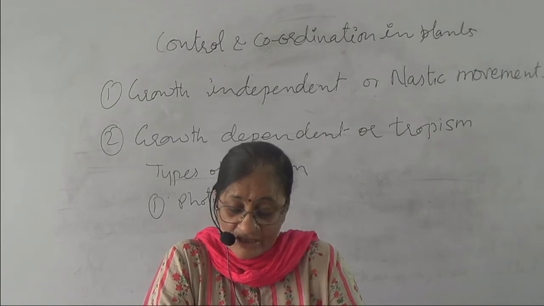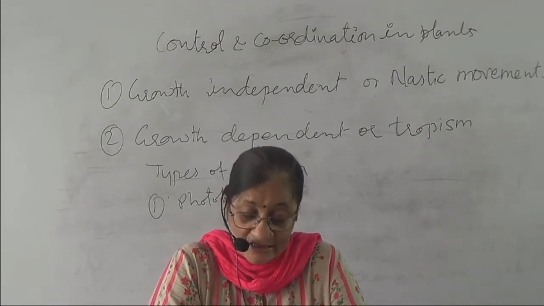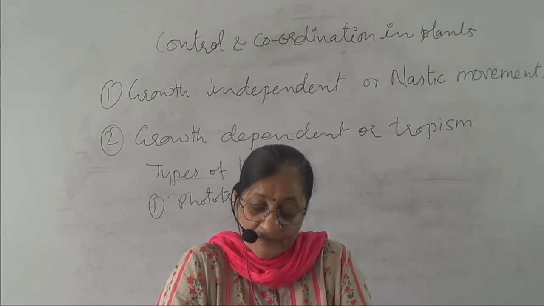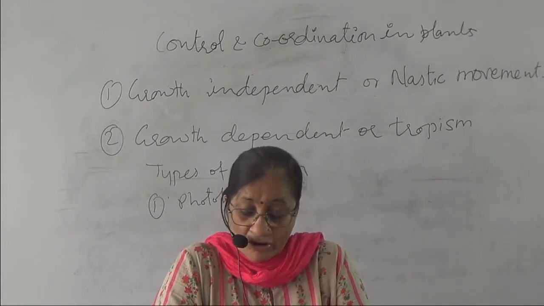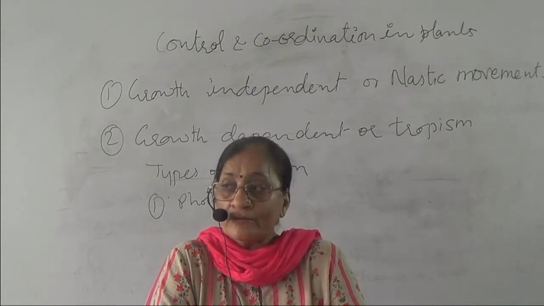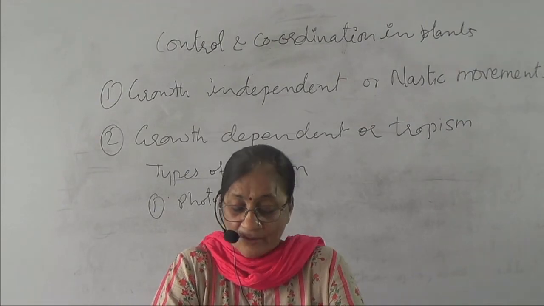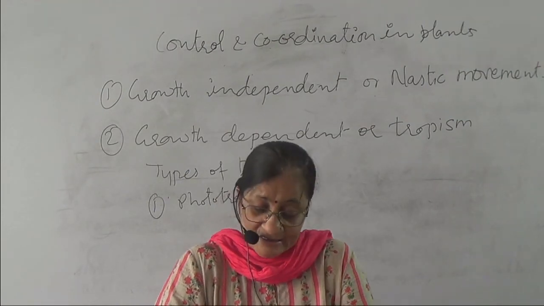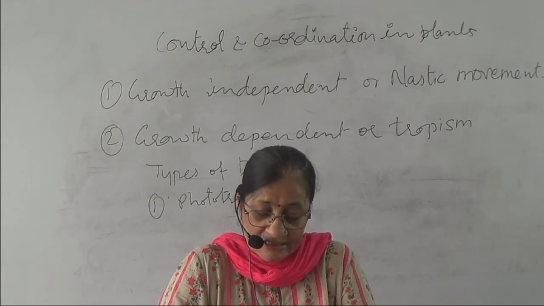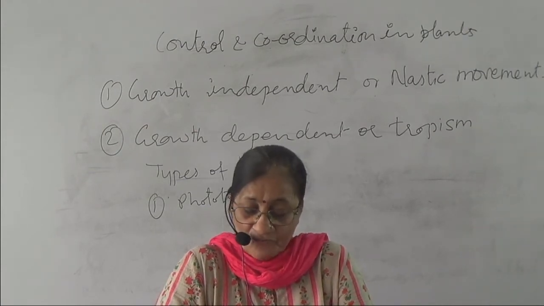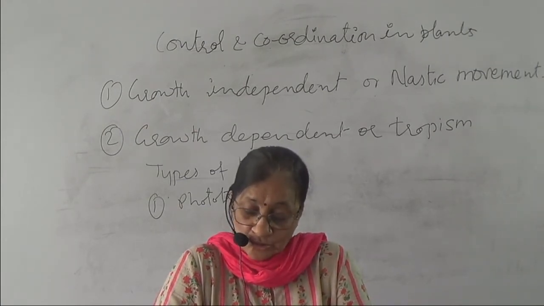In the first case, when the plant is in direct sunlight in an open area, auxin diffuses equally on both sides. That's why the stem grows straight. But in the second case, the plant receives light only from one side through the window.